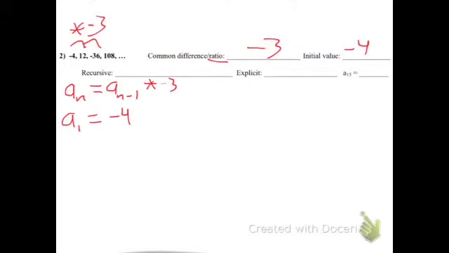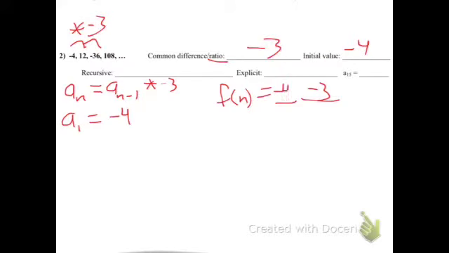Now we're going to write the explicit function. Start with f of n. And on these ones, this is a geometric sequence, so it's got a little bit different form. You got 2 terms here that you're going to use. The common ratio is going to go in this spot, right there. And then your initial value goes in front.